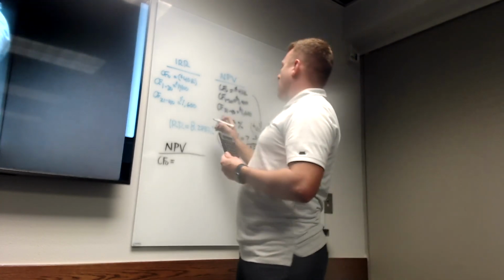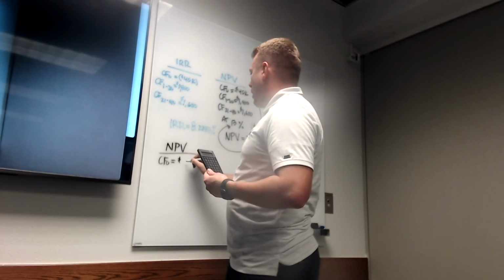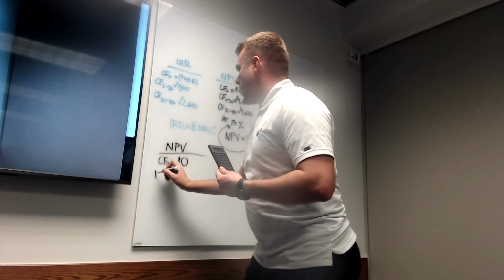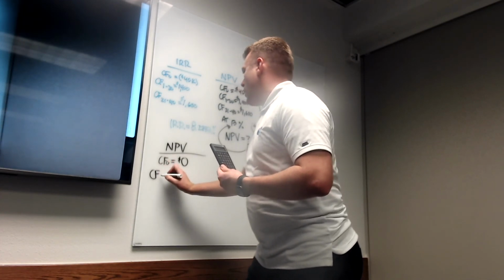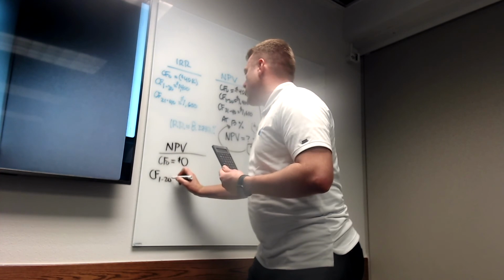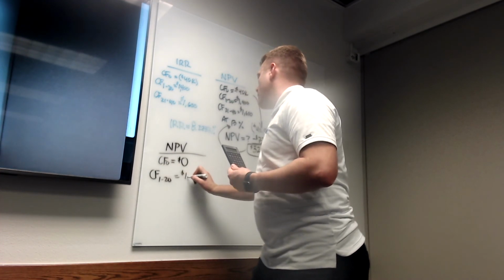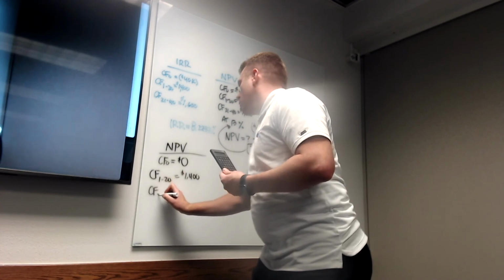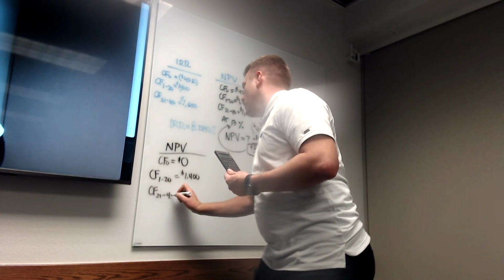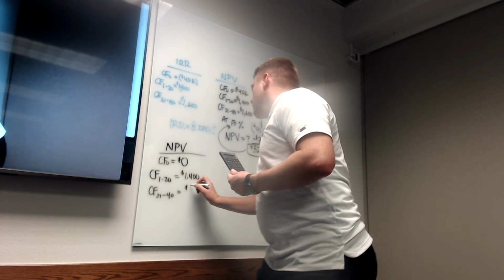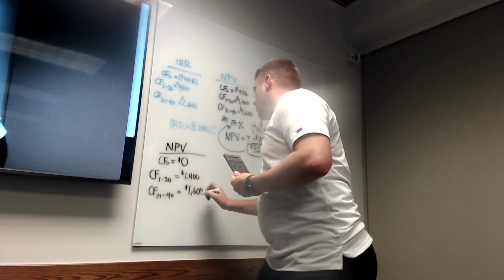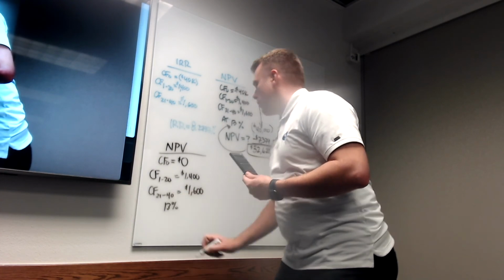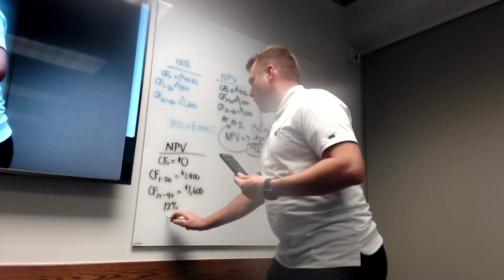So we don't account for anything, just zero cash flow, zero. And then cash flow 1 through 20, remember it's still the same, 1,400. And then cash flow 21 through 40 equals 1,600. Okay, and that's still the same 13% discount rate. And then we solve for NPV.